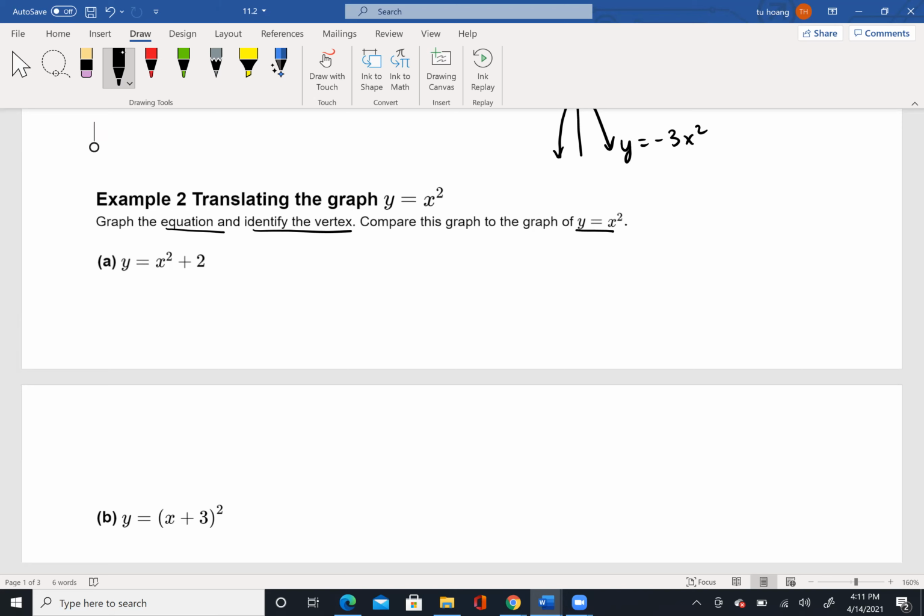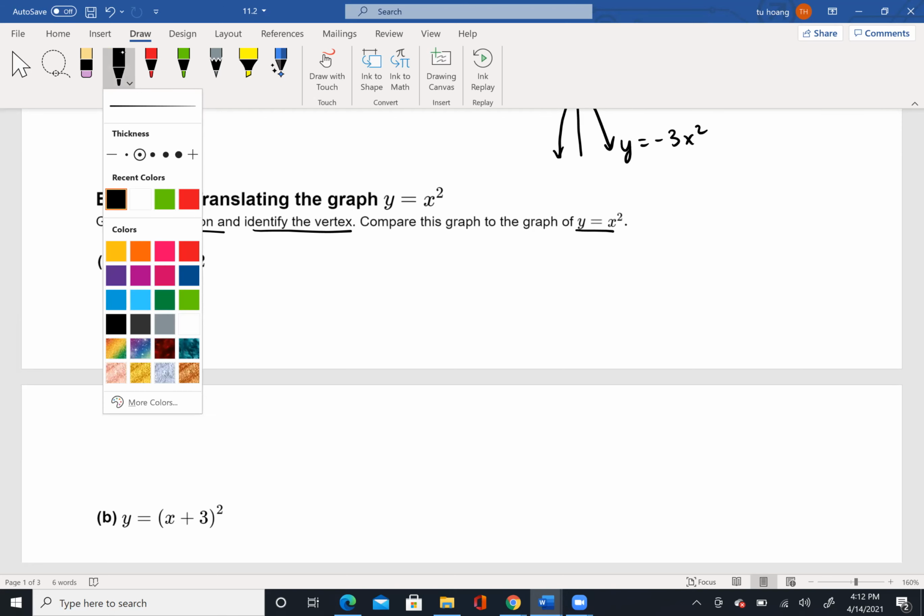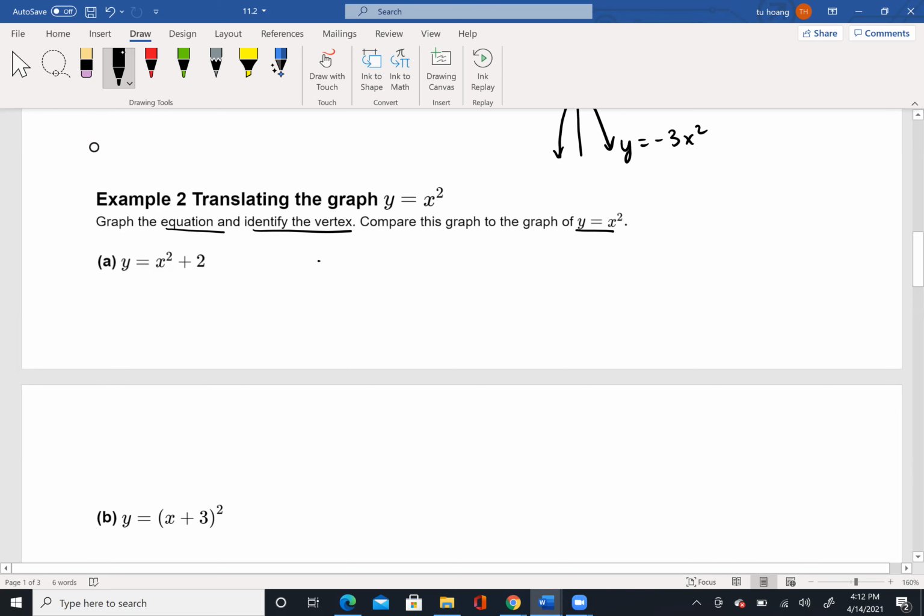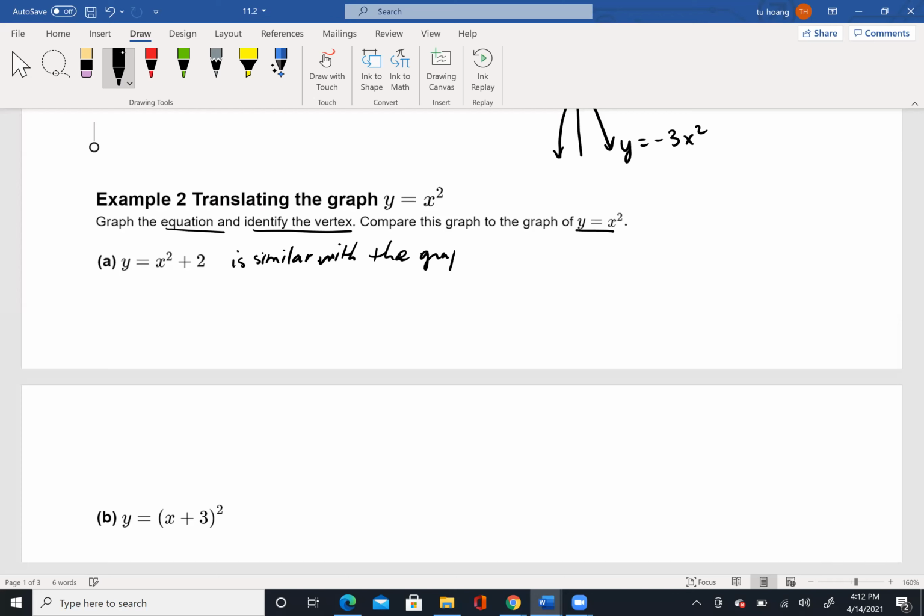So for this problem A, y equal to x squared plus 2, I can say it is similar with the graph of y equal to x squared, but it is shifted upward 2 units.